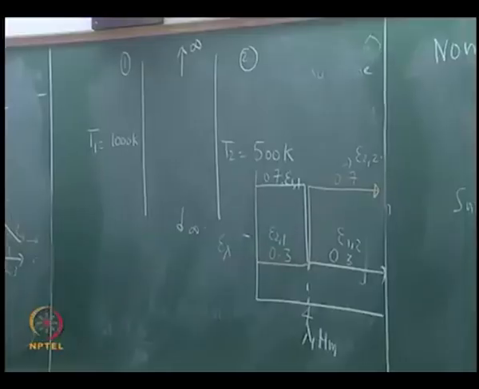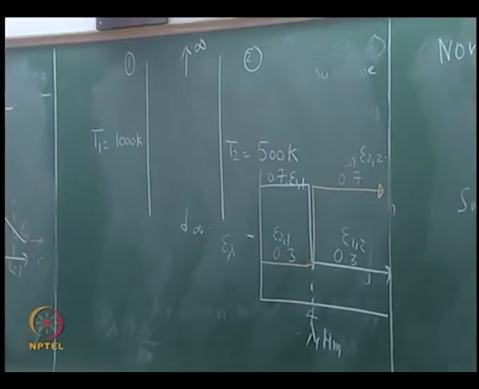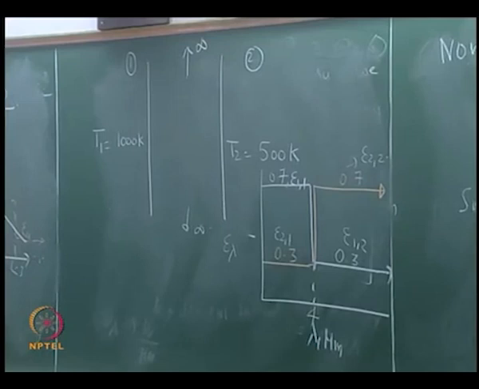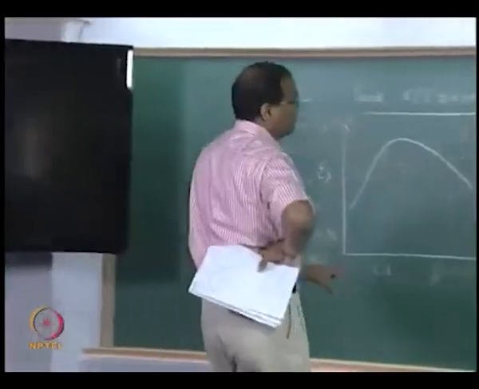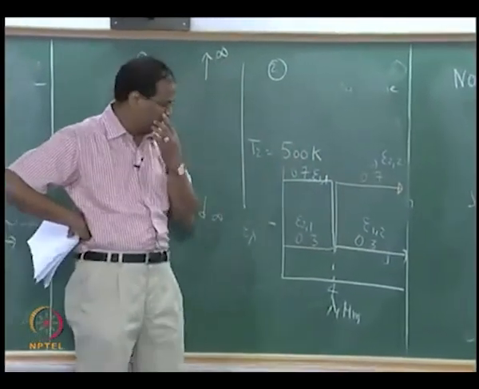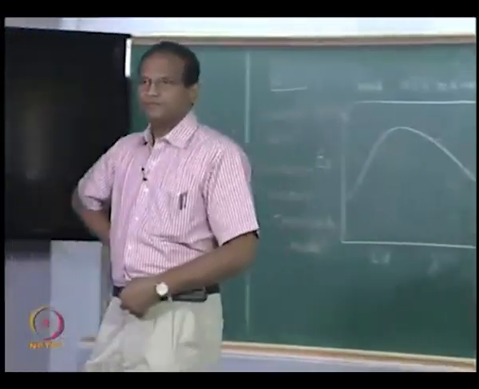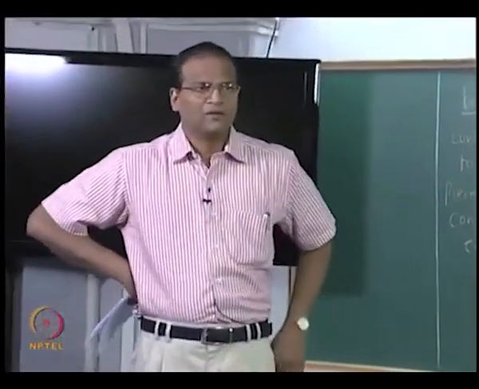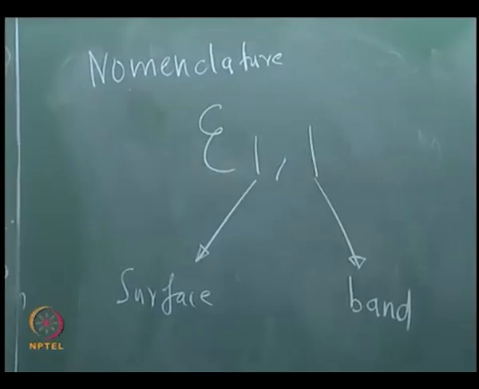That is the nomenclature I am using, is that correct? First surface first band is 1 1, first surface second band is 1 2, second surface first band is 2 1. Same thing, I have made the matter simple, it is just a mirror image of that: 0.7, 0.3, 0.3, 0.7. Beyond 4 micrometer it is proceeding to infinity as a constant value.